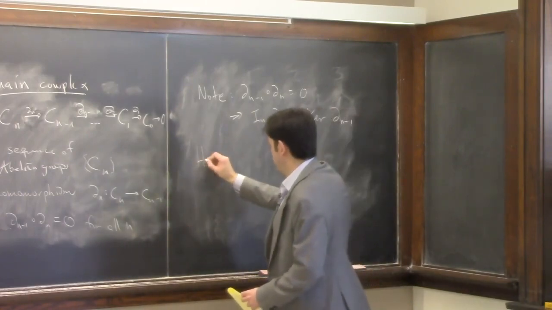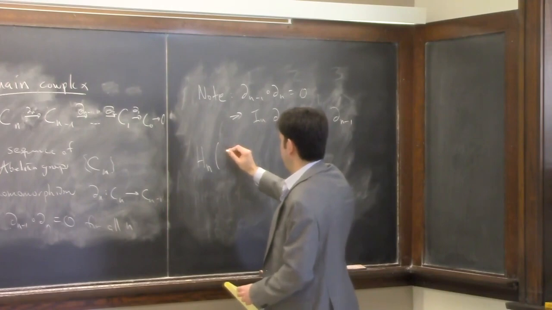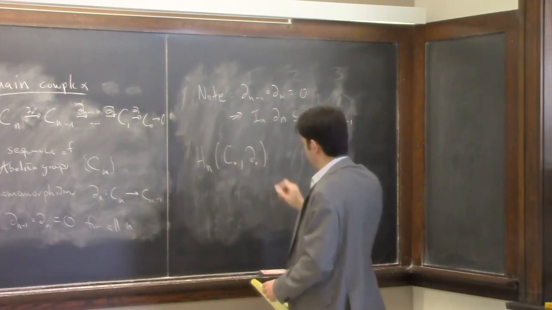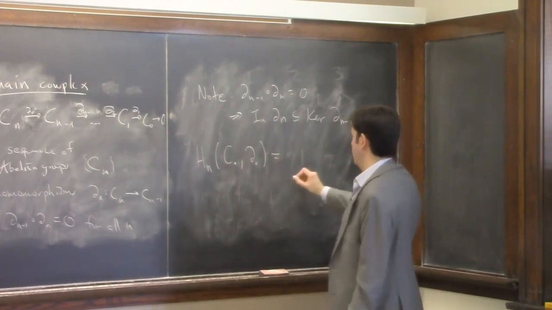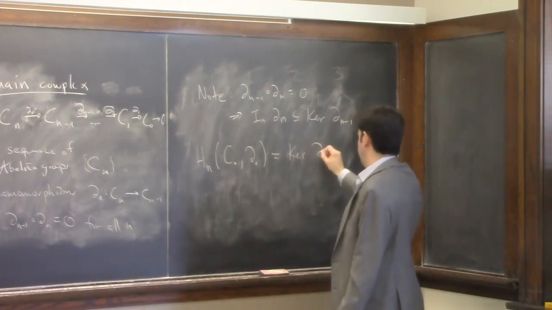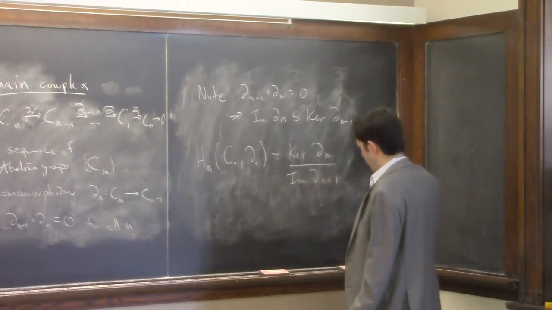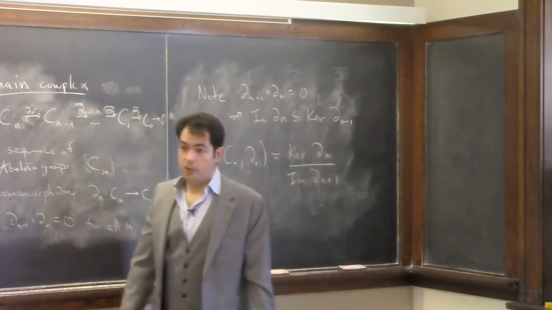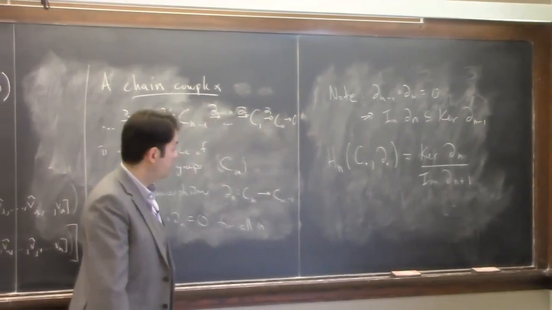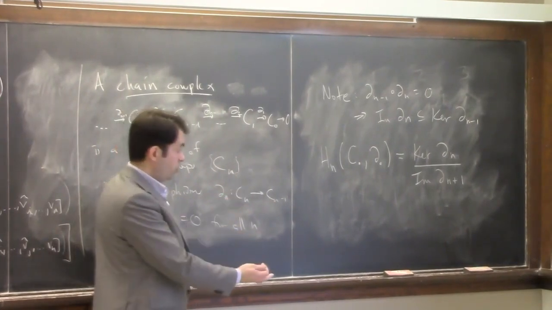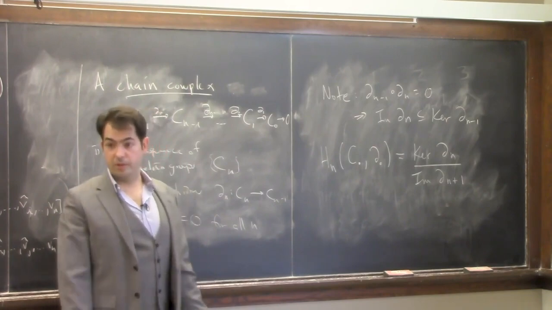So we define the homology of the complex to be the kernel of dn mod out by the image of dn plus 1. Right? So the kernel's an abelian group, so every subgroup is normal, so it makes sense to take the quotient group, and I always get an abelian group.